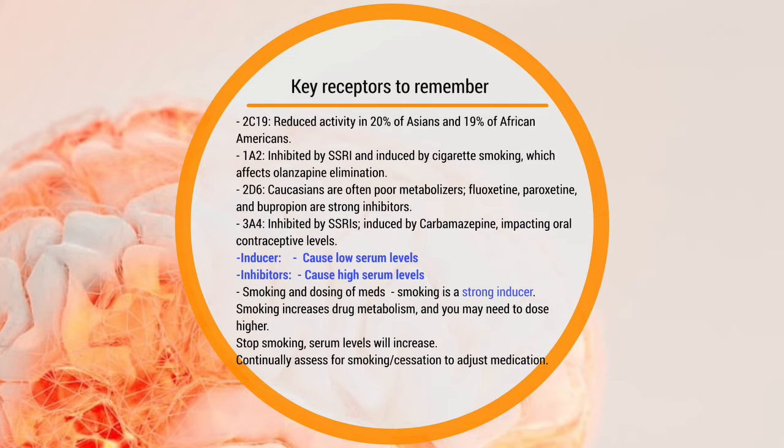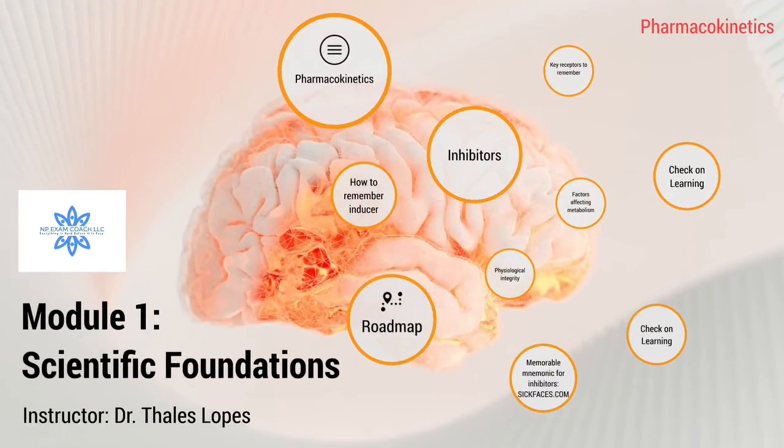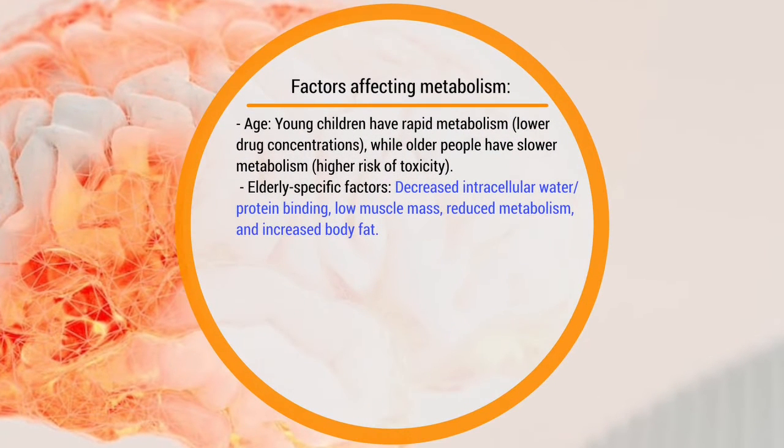Smoking increases drug metabolism, meaning breakdown of the drugs, and may need a higher dose. So if the patient stops smoking, then serum levels will rise. So continually assessing for smoking cessation to adjust the medication as needed is your priority.